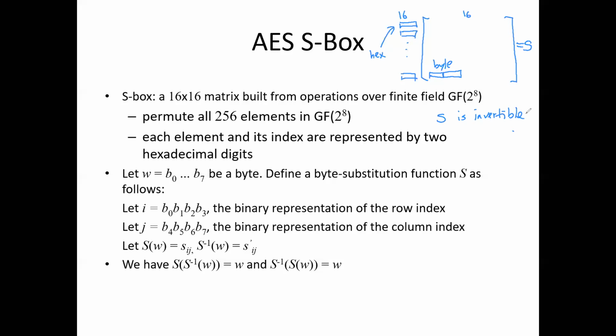Let W be B0 to B7, a byte. We define the byte substitution function as follows. We take the first 4 bits, which will be my row number, and the last 4 bits will be my column number.